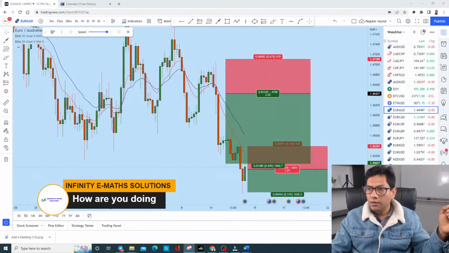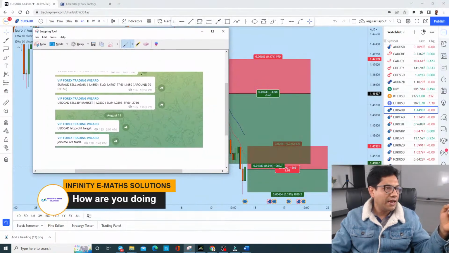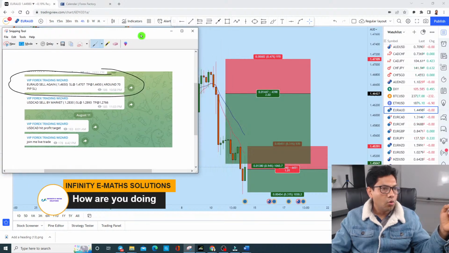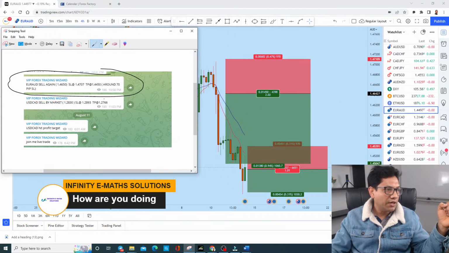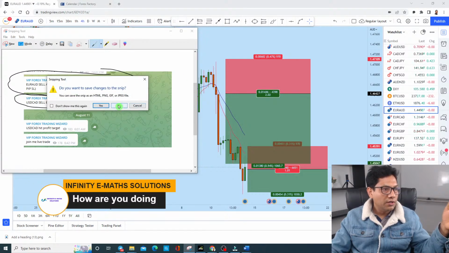This is the trade signal that was sent, the first one, the long one you see, to our VIP students. Later we traded the USDCAD also. All of them are profitable trades. So this is the trade, you can check it out.